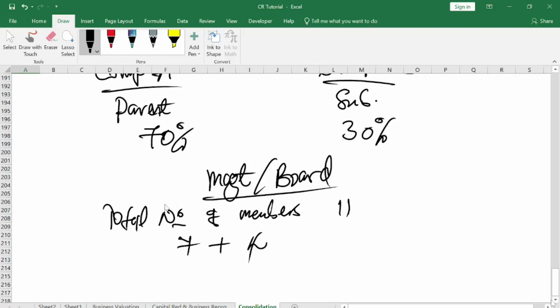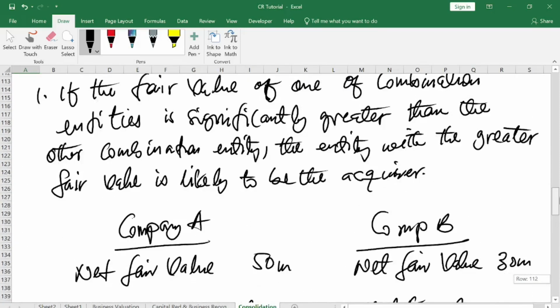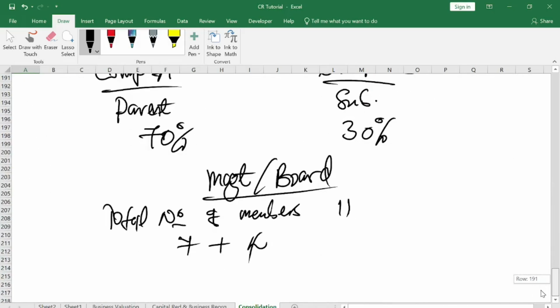So the company with the highest number of members on the management level or board level is likely to be the acquirer. This is how we identify which company is acquirer and which company is acquiree. All right.